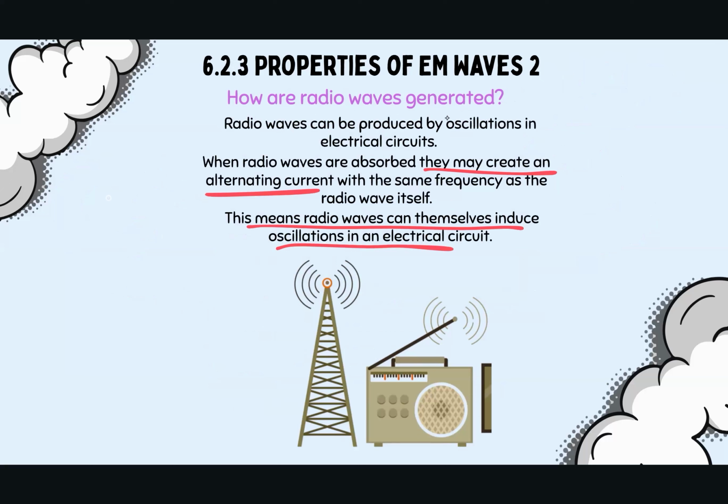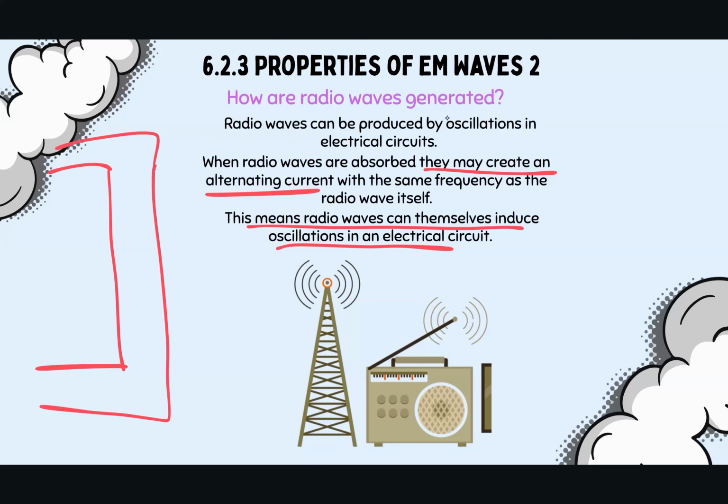So what this means is when you've got your wire within an electrical circuit, what's flowing through that wire? You've got electrons flowing through it. Now, if they absorb energy, they'll start oscillating. Those oscillations, the movement of the electron, release radio waves.